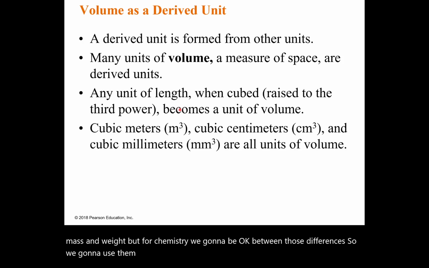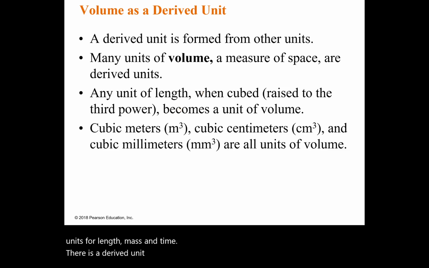In addition to these measured values and the units for length, mass, and time, there is a derived unit, and that would be the volume. A volume is a derived unit. In other words, it's formed from other units.